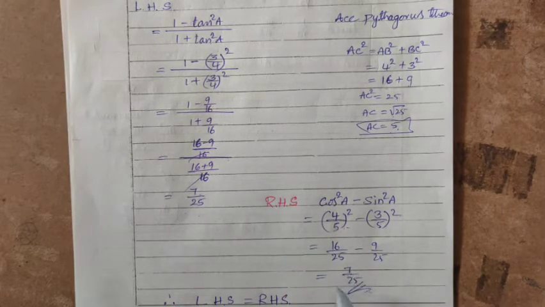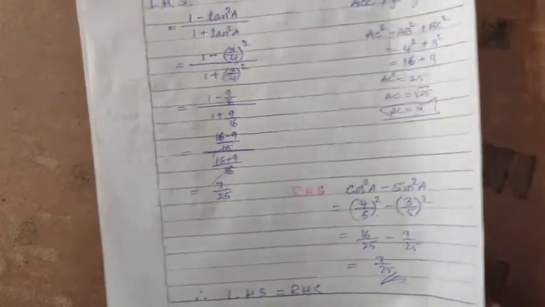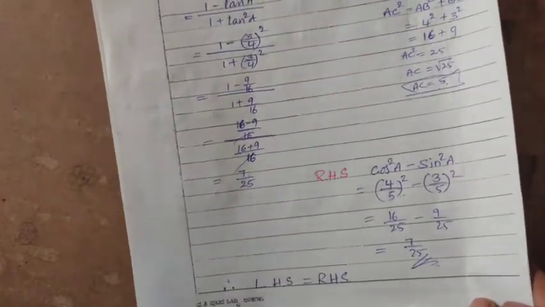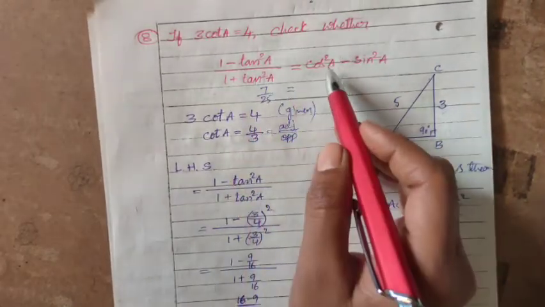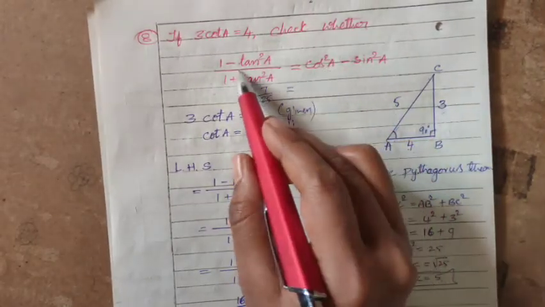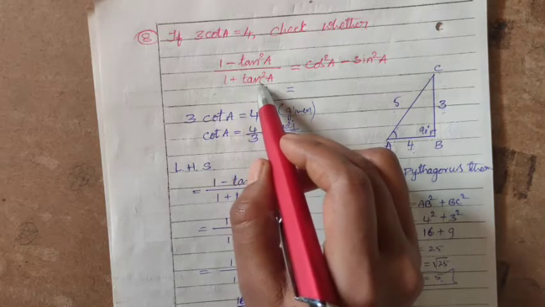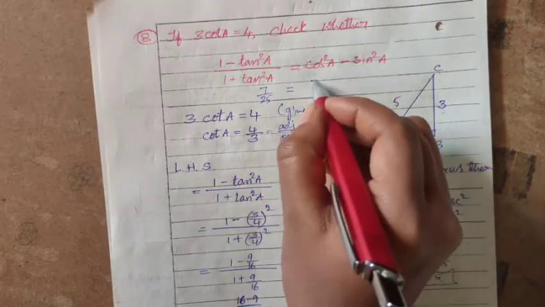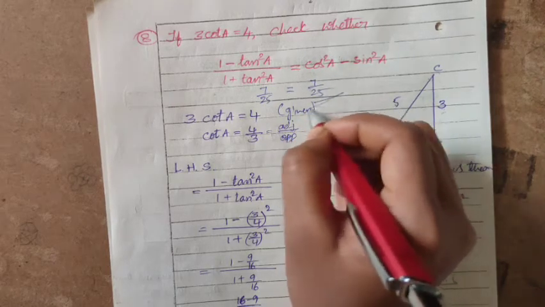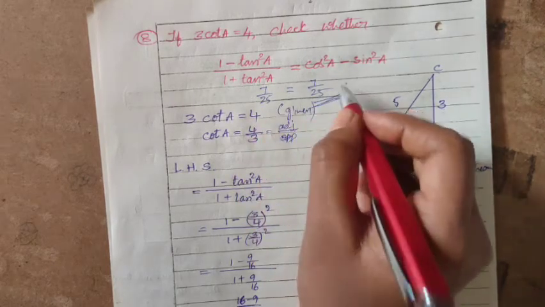RHS is also 7 by 25. That's why you write LHS equal to RHS. That's why this one will be proved. So (1 minus tan square A) divided by (1 plus tan square A) is 7 by 25 and cos square A minus sin square A is also 7 by 25. Equal.